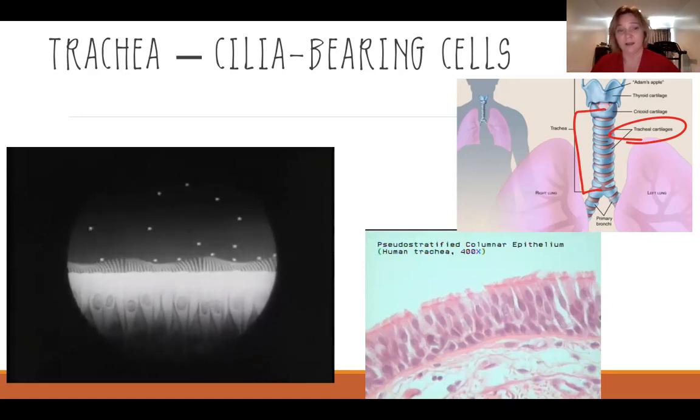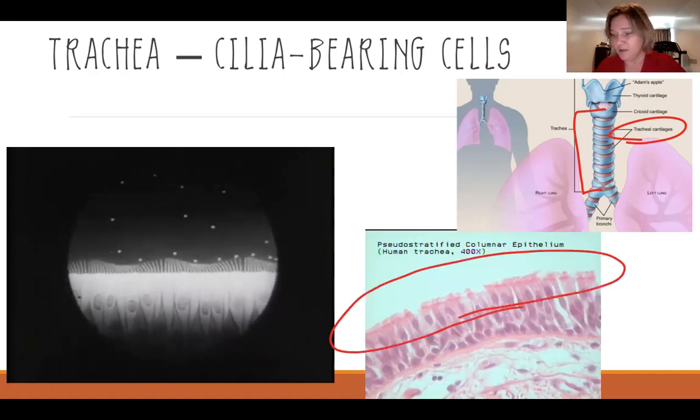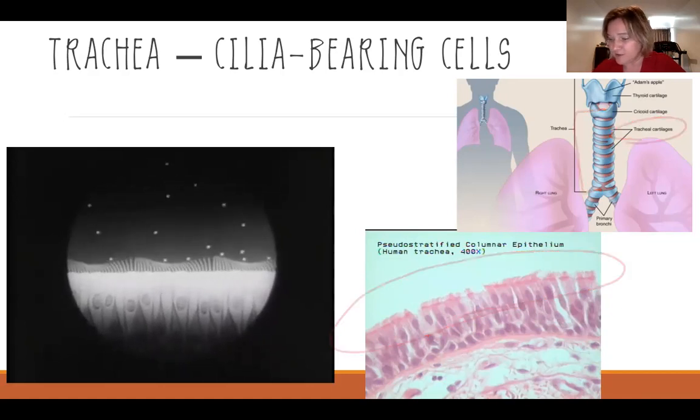What makes the epithelial tissue in your trachea special is that it's lined with cilia. You can see here. And you should remember cilia from last year, chapter 4 on the cell organelles. Cilia are the short hair-like extensions.